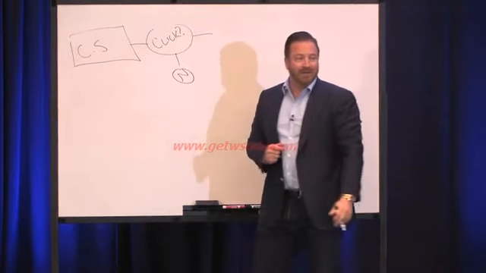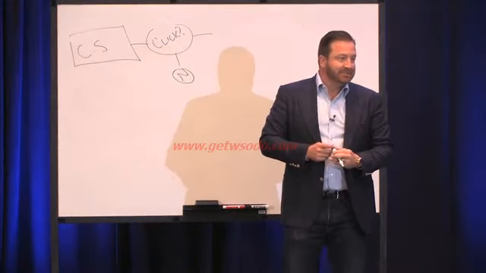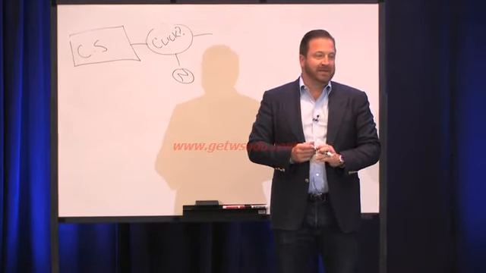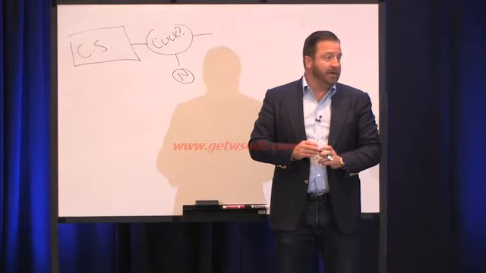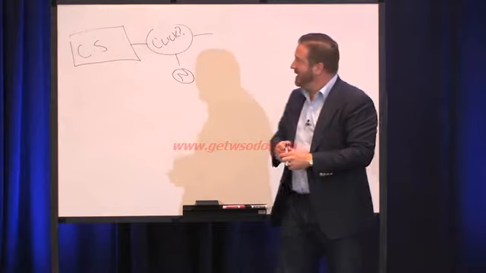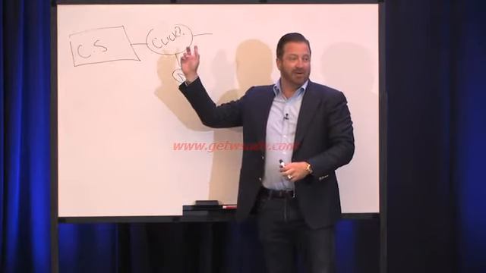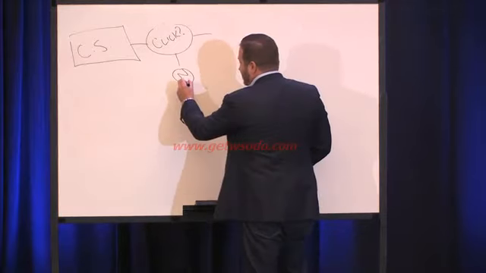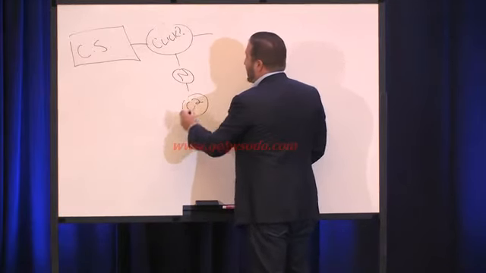Are all of them going to click the link? No. Is it because they hate me and they don't want to know anything about selling information? Some, probably, but most, no. They're just doing other stuff. That's okay. So if they never click the link and cart open, I'm going to push them out. They're out of this campaign, right? So they're going to go to C2, campaign number 2.